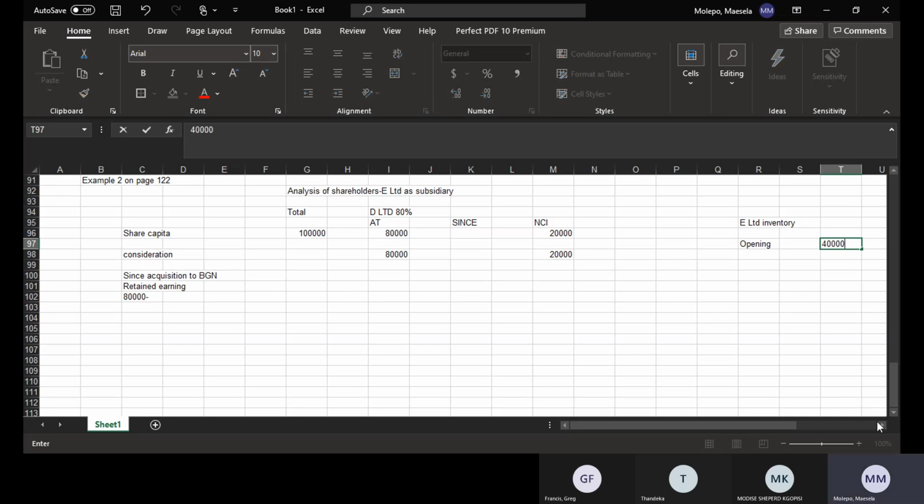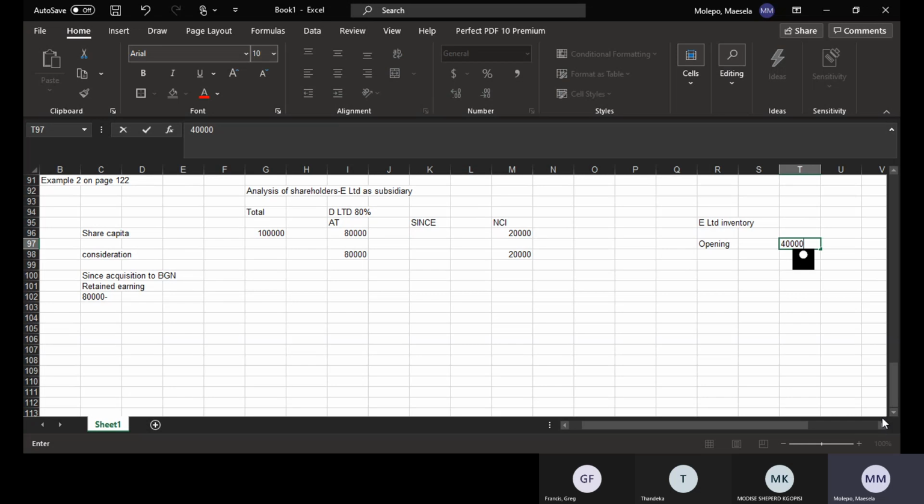And remember, this inventory is purchased from who? It is the one which is now sold, because remember, in this case the subsidiary is selling. So we have the opening inventory of 40,000, and then we're gonna have the purchases. But the purchases in this case are coming from different people, not within the group. So it's purchases from outside the group.